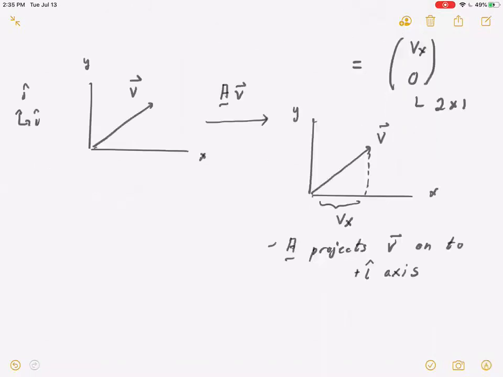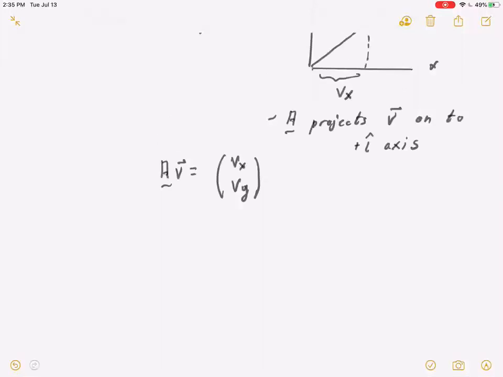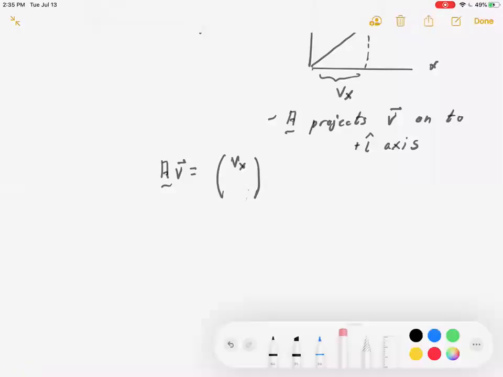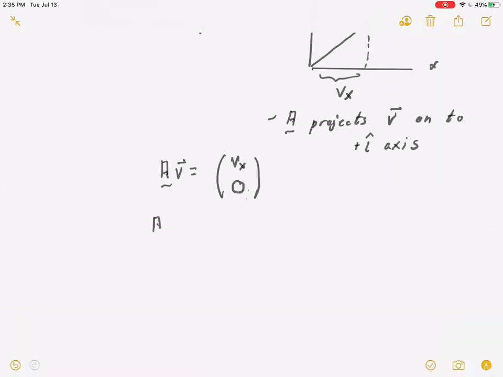You can see that, because if you look at the result, I get a new vector where V sub x is not changed, but V sub y now becomes 0. That's what I get when I took A and acted on V, for the case where A was this very special matrix.